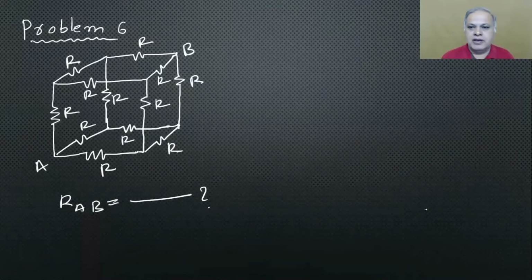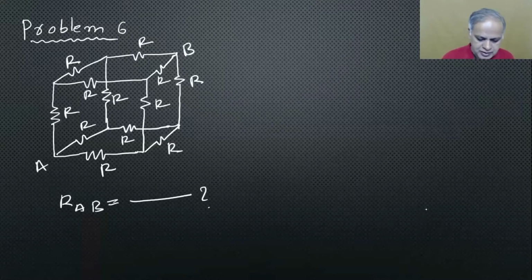Once again, this is a circuit with symmetry. When you simply flip it, it looks the same. A is here, B is there. Just simply turn it, nothing would change. That is looking at the circuit as a whole for the symmetry.